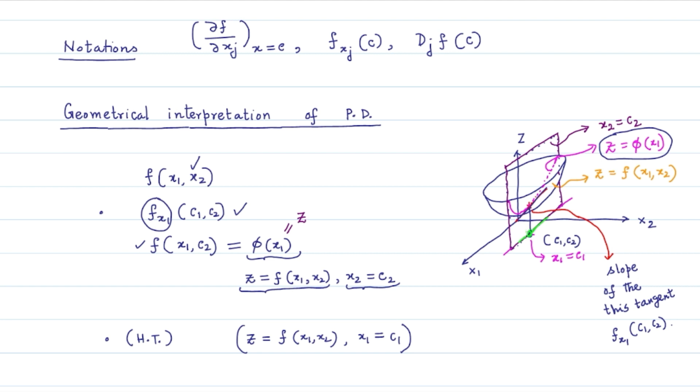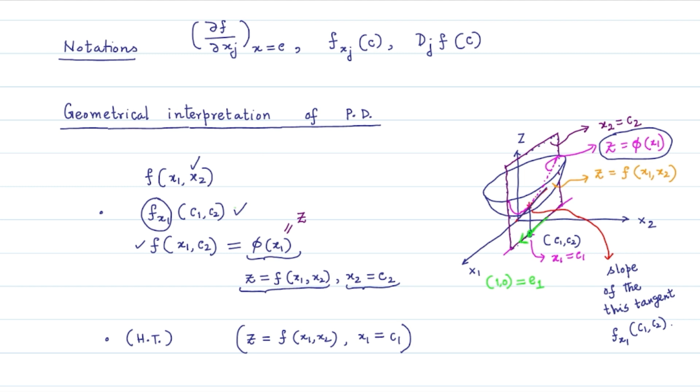Now when we are on this line x2 equal to c2, we see that we are only moving along the direction of the x1 axis, that is along the direction of the unit vector (1, 0), or with our usual notation along the vector u1.